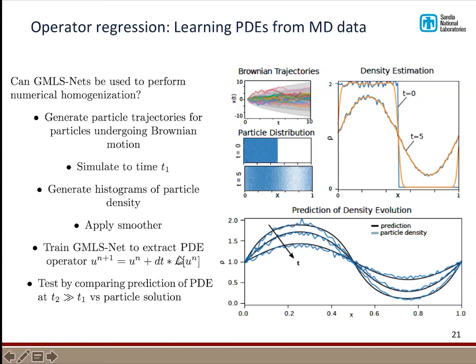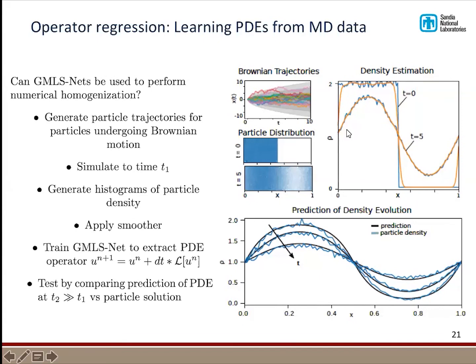And we assume that for this unknown operator L, we're going to plug in a GMLS-Net in order to approximate it. And basically what you can do is you run maybe 5 time steps of expensive molecular dynamics. That's enough to extract, for this problem, the homogenized solution, which is actually the heat equation, and GMLS is able to pick that up.